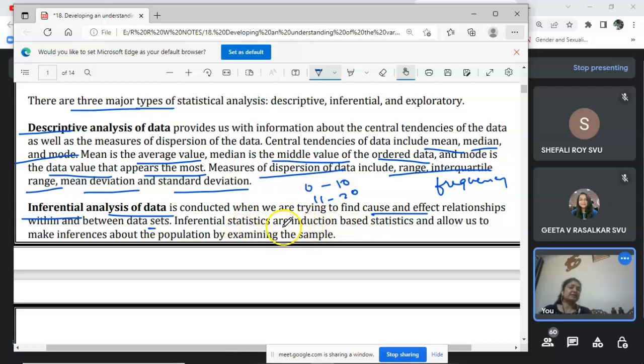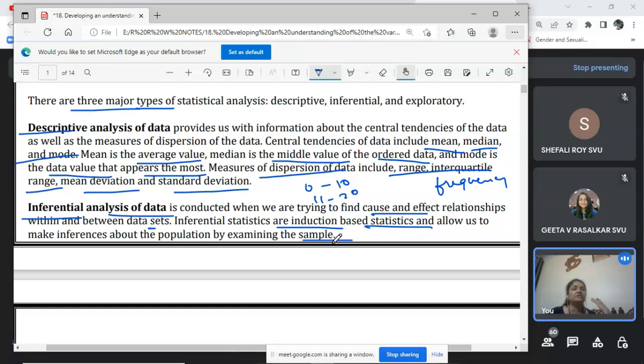This statistics is induction-based statistics and allows us to make inferences about the population by examining a sample. It's like we are researching how effective the teacher is in teaching the class.